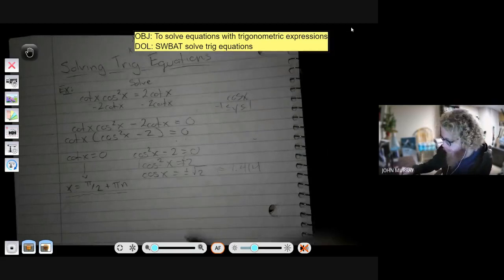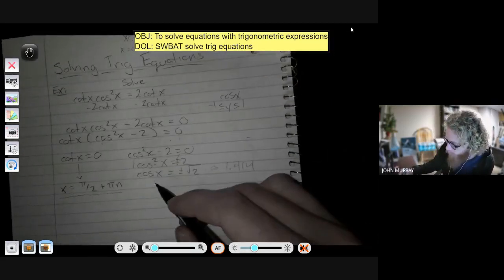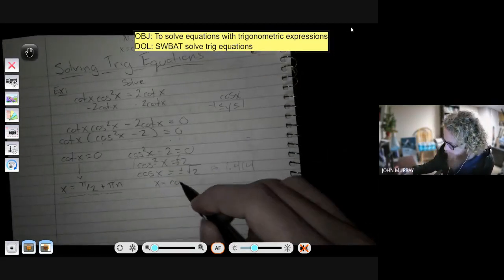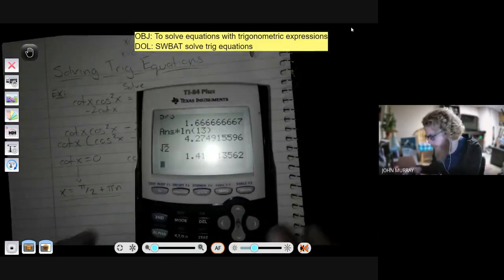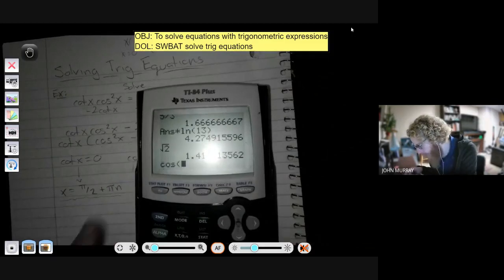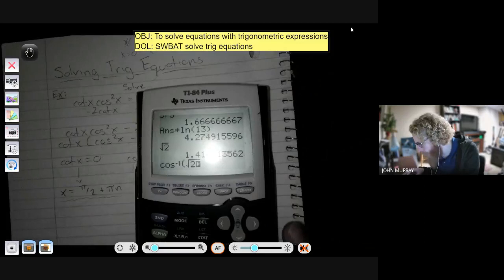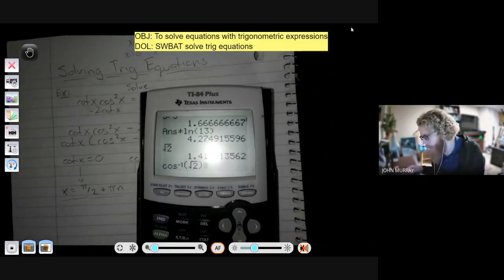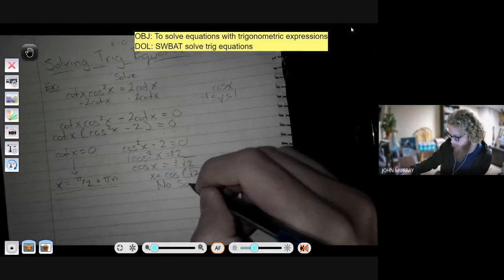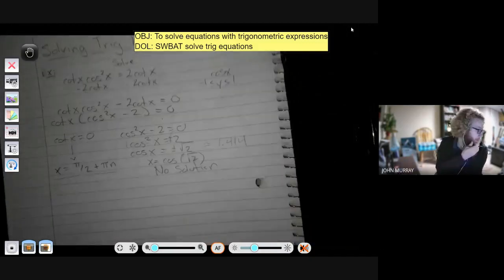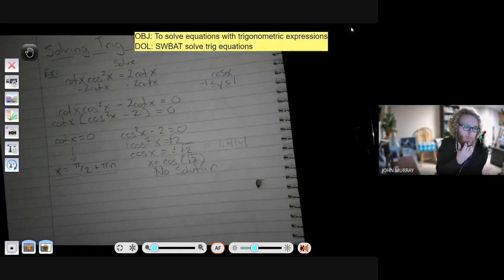So even if you went to solve this with your calculator, if I plugged in inverse cosine of the square root of 2, we get an error because it does not fit in the domain of the inverse cosine. So with this, we get no solution.